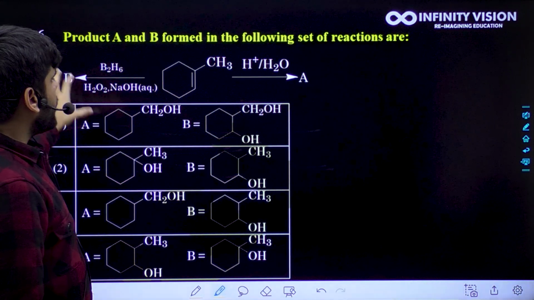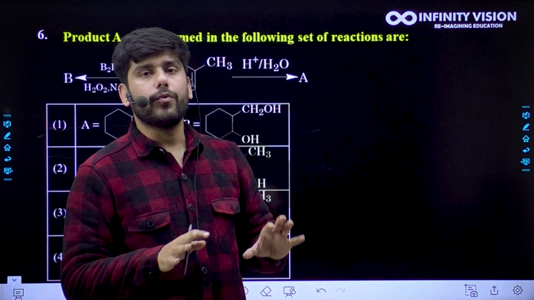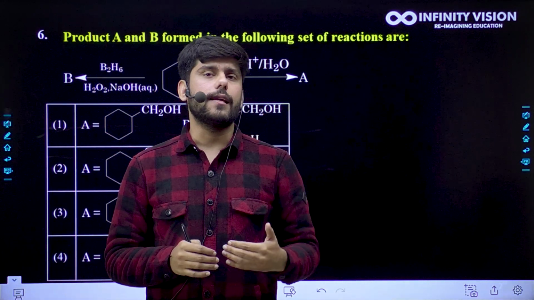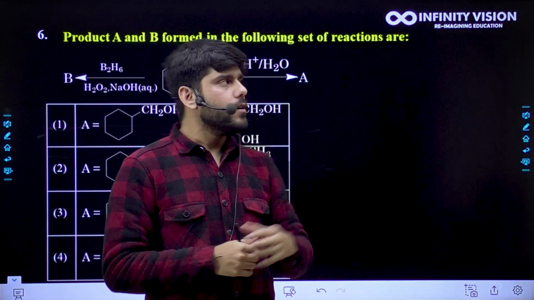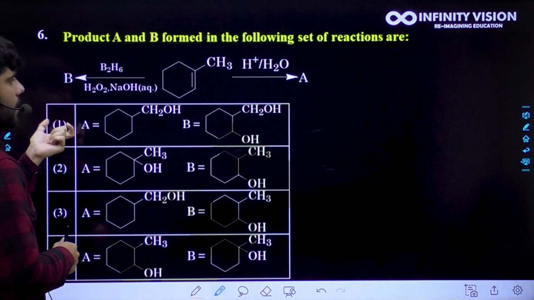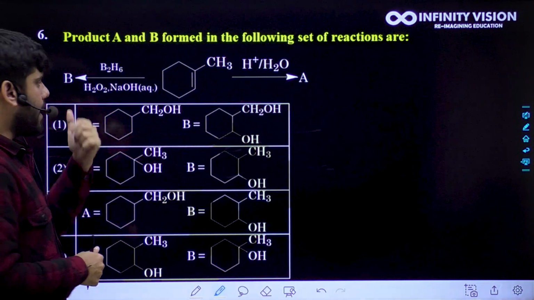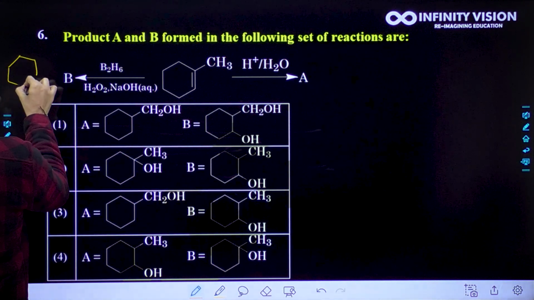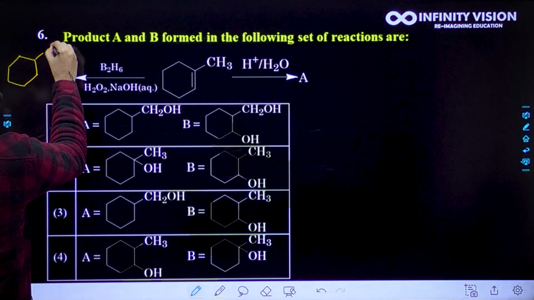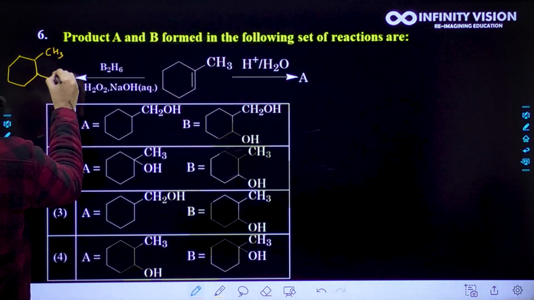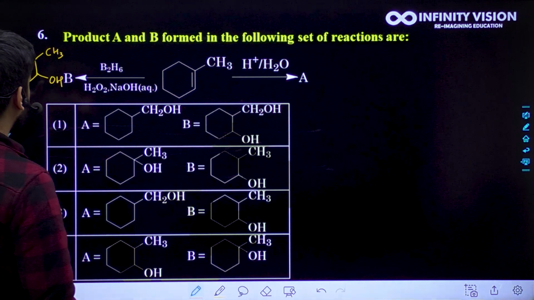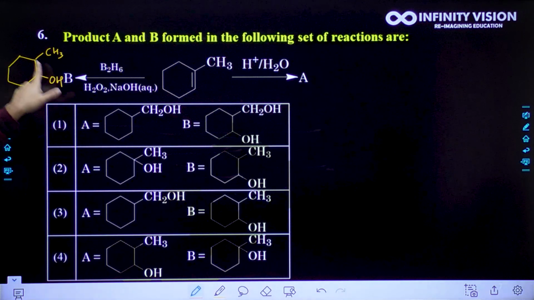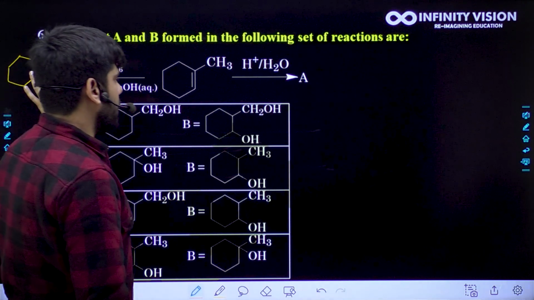Now, for the hydroboration part, we know that hydroboration takes place in the anti-Markovnikov manner. So we add OH in accordance with the anti-Markovnikov rule. So what we get here is this, right? The B is this type of molecule.